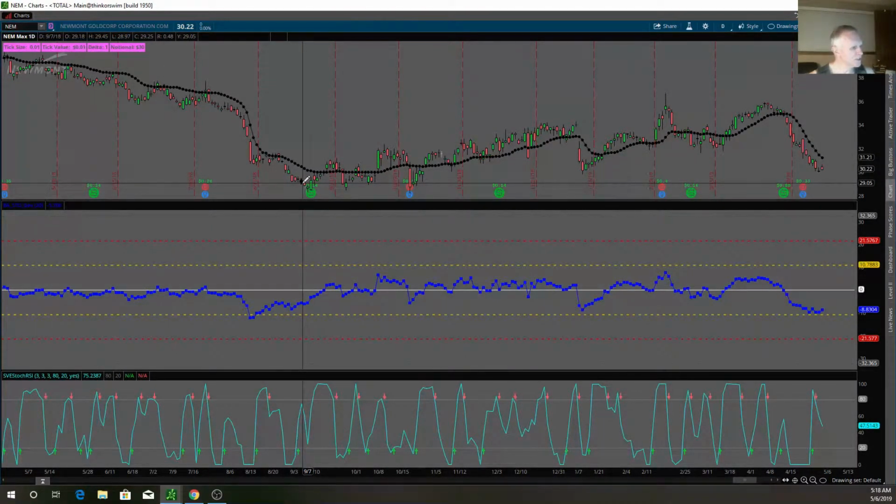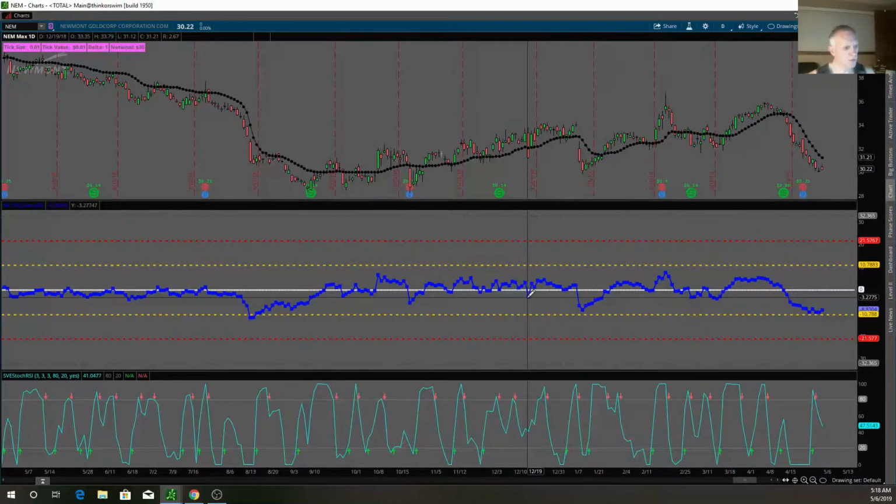This thing just walks the dog all the way down and then to the upside here. Really choppy, but your deviation scale moving average keeps you right at, that was really the only one that was kind of in question.